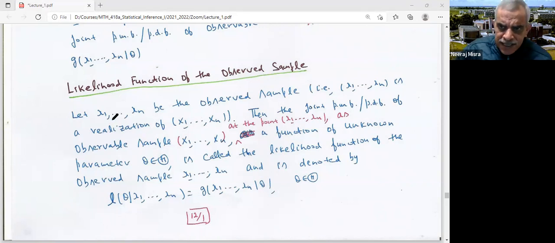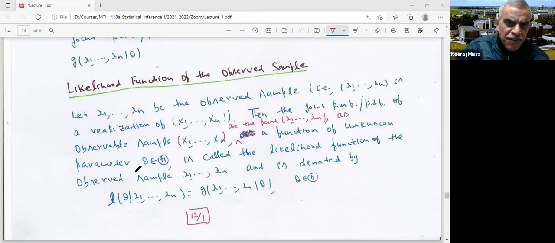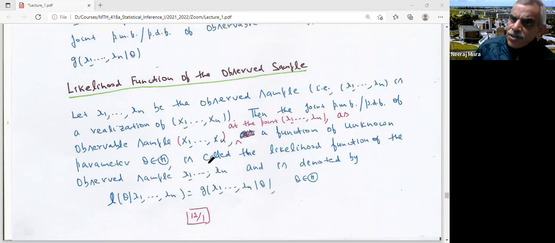So after the experiment has been conducted, suppose x1, x2, ..., xn are the observed values of the sample. Then the joint PMF/PDF of the observable X1, X2, ..., Xn at the point x1, x2, ..., xn as a function of the unknown parameter theta is called the likelihood function of the observed sample.